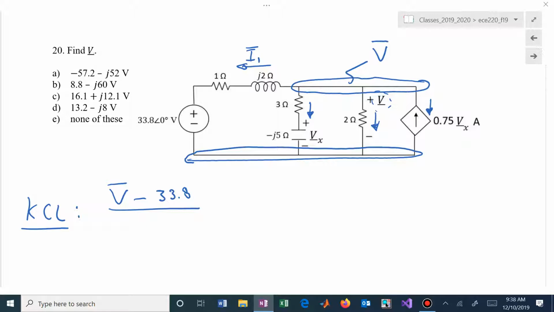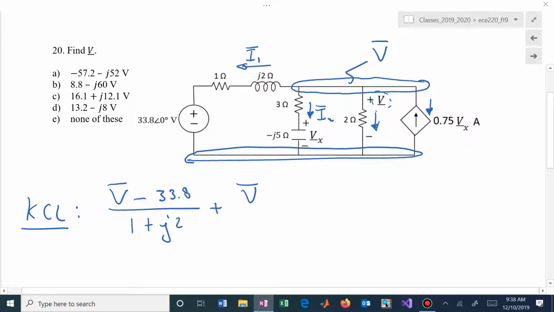And now I need to divide by the impedance that drop is across. And that's now 1 plus J2. That's I sub 1. If we call this one I sub 2, I would say forget V sub x.